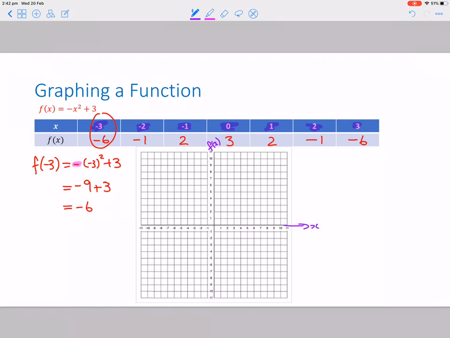So it's -3, -6, that's here, -2, -1, I think -1's there, -1, 2, that's there, and 0, 3 will be right there, 1 and 2 there, 2 and -1, that's there, and 3 and -6, it's there.